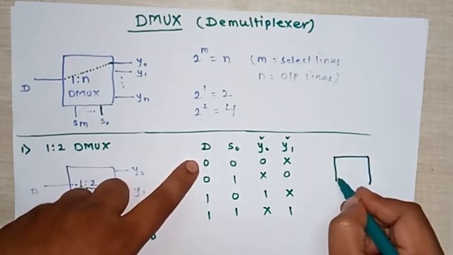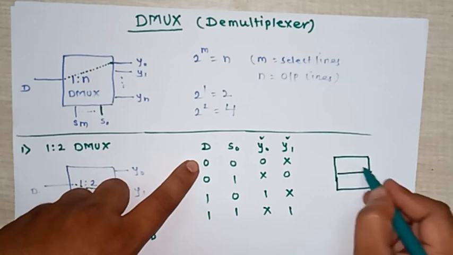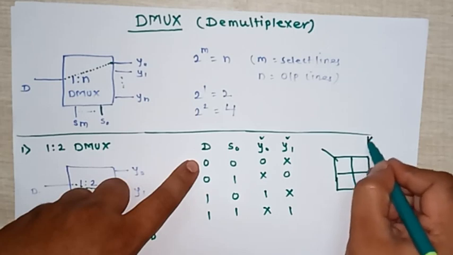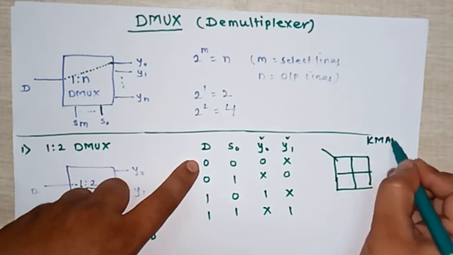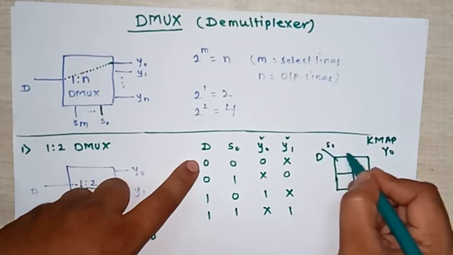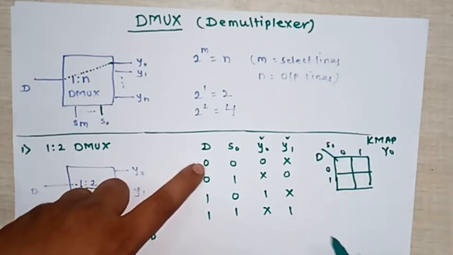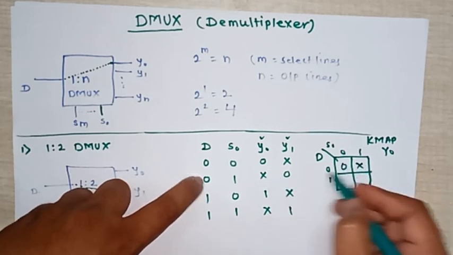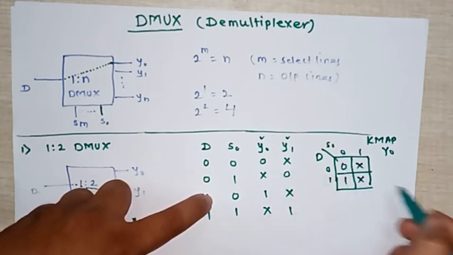First we will find the equation for Y0. K-map for Y0, with D and S0 as 0 1, 0 1. The values are 0, don't care, 0, don't care, 1, don't care.